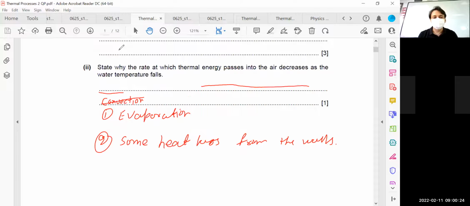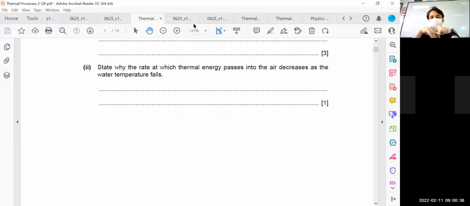State why the rate at which thermal energy passes into the air decreases as the water temperature falls. That means the rate of thermal energy loss decreases as time passes.